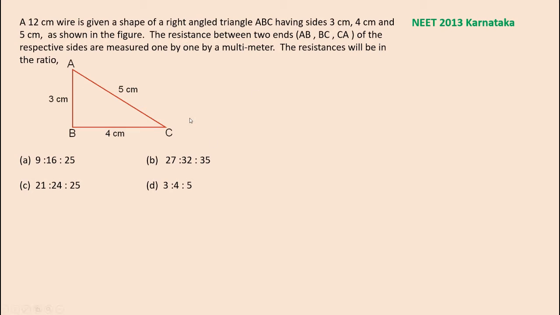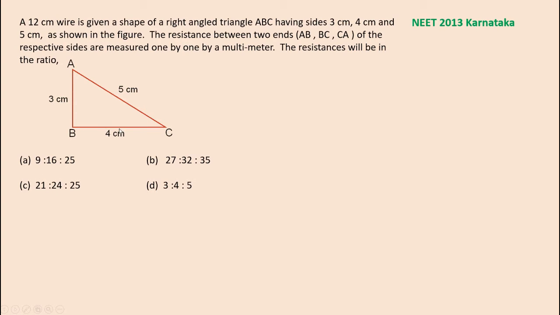Here one thing we have to make use of: resistance is proportional to length. Everything here is in the form of a ratio. So let's say the resistance of AB alone, not the effective resistance between A and B, just the resistance of this much length of wire alone, 3 centimeter, is 3 ohm.